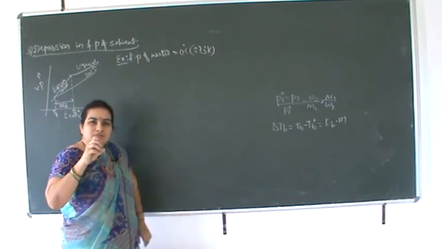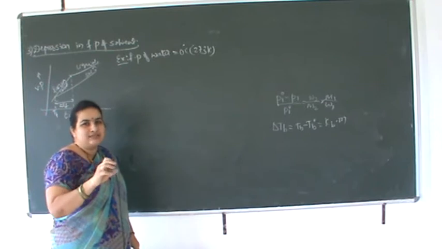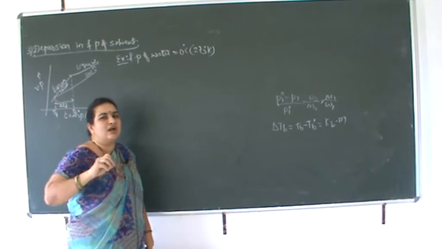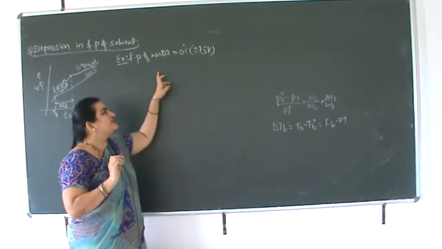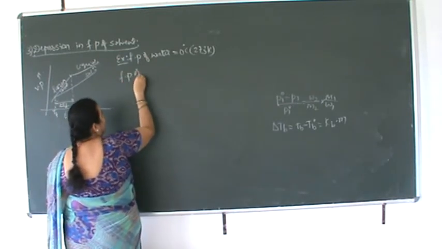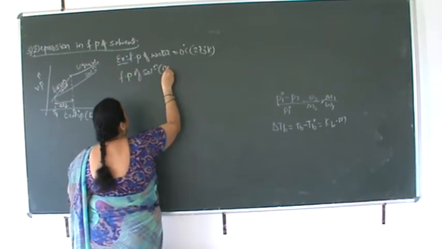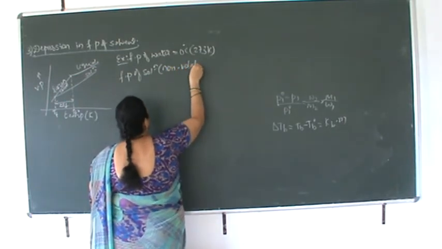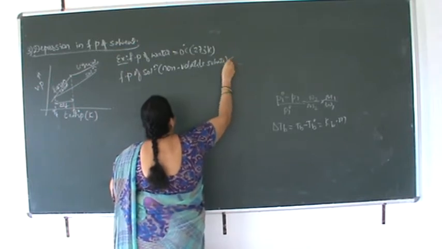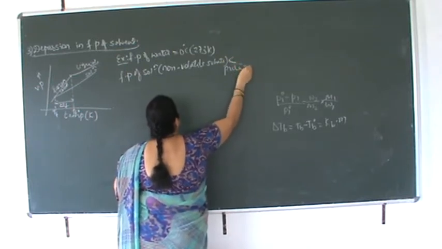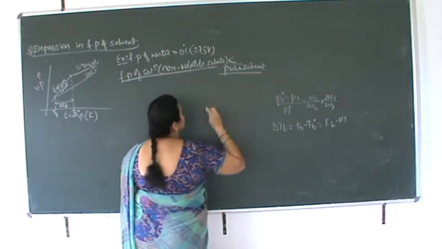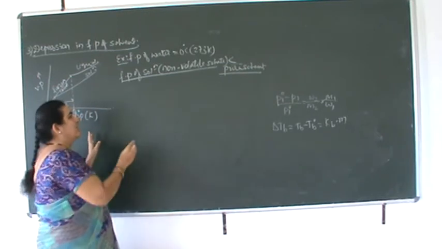If you mix salt with ice, then this ice will freeze below 273. So the freezing point of the solution, that is with a non-volatile solute, is less than that of the pure solvent. So remember this point, the freezing point of the solution is less than that of the pure solvent.